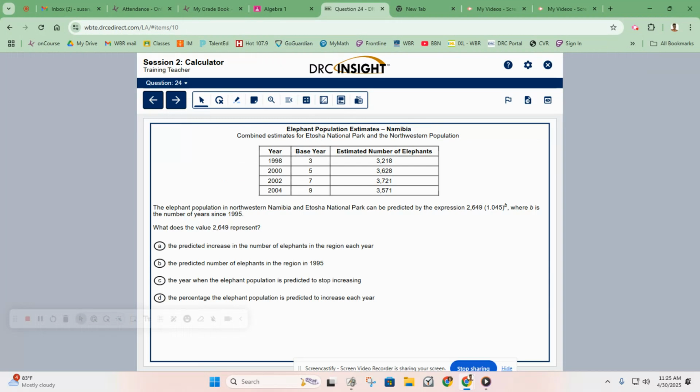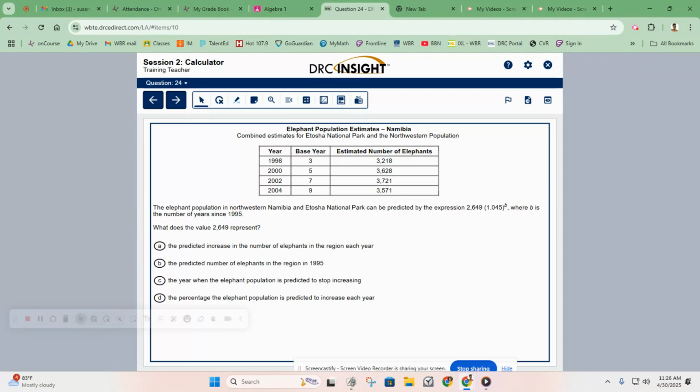B is representing the number of years since 1995. So this calculation, the counting of the elephants, began in 1995. The way this table is set up, here is the year. Since 1998 is 3 years past 95, the base year would be 3. And then this table gives us the estimate.